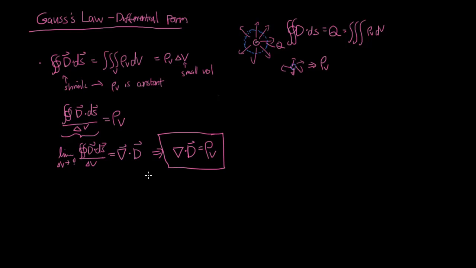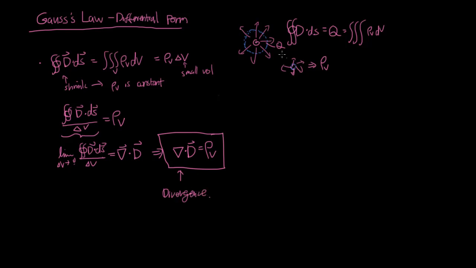In plain English, what that is saying is that if we sum up the field lines, the flux density, across an infinitesimally small region, you end up getting a volume charge density rho v. And in this process, we also introduced what is called the divergence.